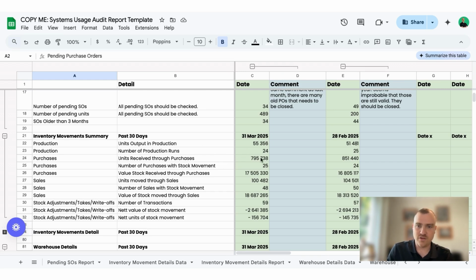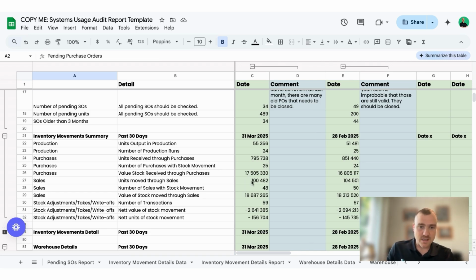So once again, if you know that there was a big shipment coming in, then you should see that reflected in the number of units. And then you can also look at the value of the stock.